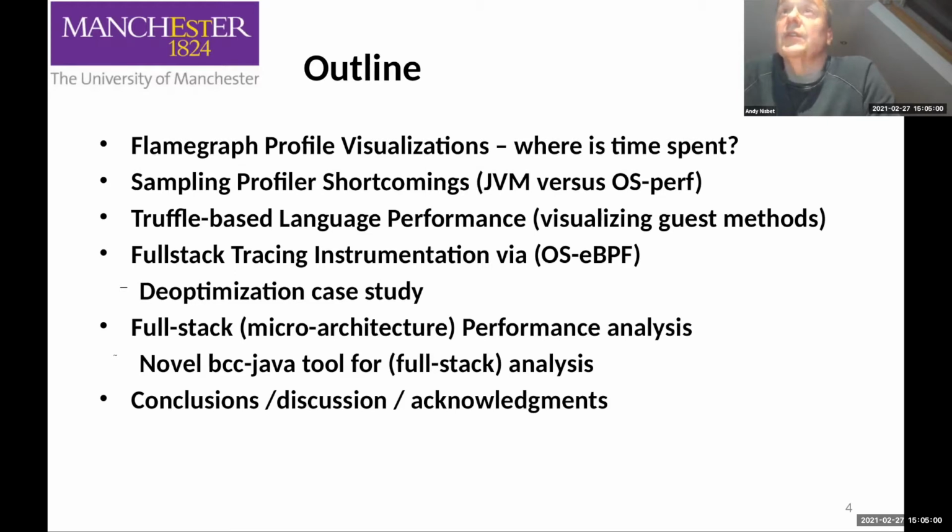We will also discuss how top-down analysis can be used to aid performance bottleneck analysis in order to identify how well or how badly a processor microarchitecture is being utilized. And we will present ideas behind our work in progress tool, BCC Java, for full stack analysis. And finally, we'll conclude with a discussion and acknowledgements of funding.